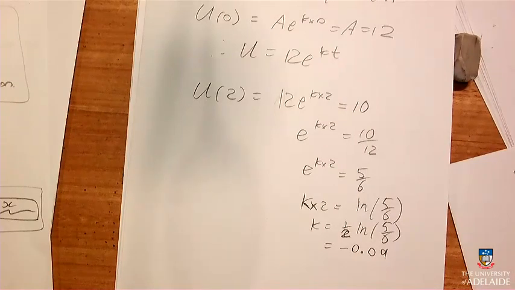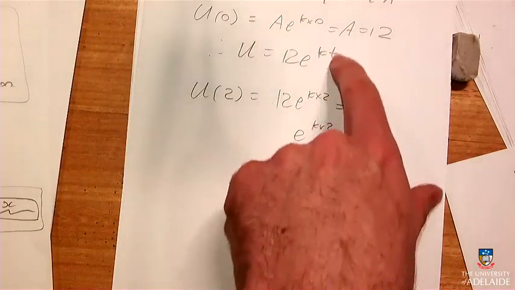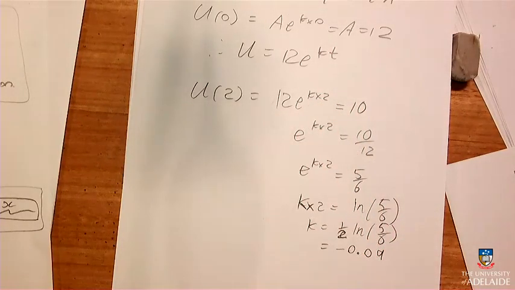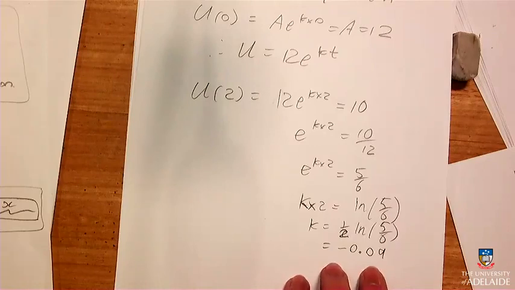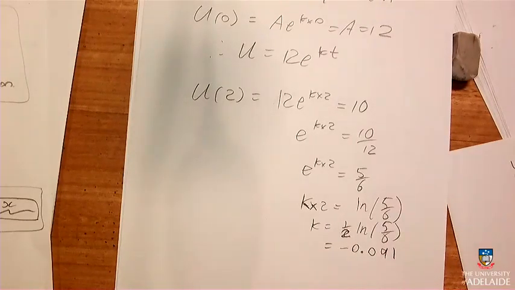It's k times 2 here because the 2 is in the position the t was. So I matched them up, but then I should have written it as 2k. It's 0.091 approximately. So what this is telling me is that on average we're losing about 9% a month.